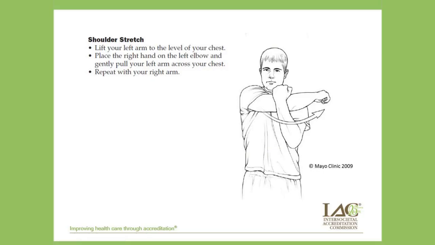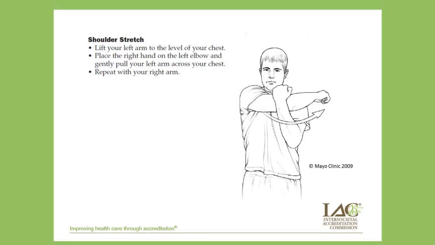Okay, time for a shoulder stretch. I love this one. I want you to lift your left arm to the level of your chest, just like it is in the picture, and then place your right hand on your left elbow and just gently pull your left arm across your chest. Take it as far as you can go without hurting. You should be feeling the stretch on that left shoulder.